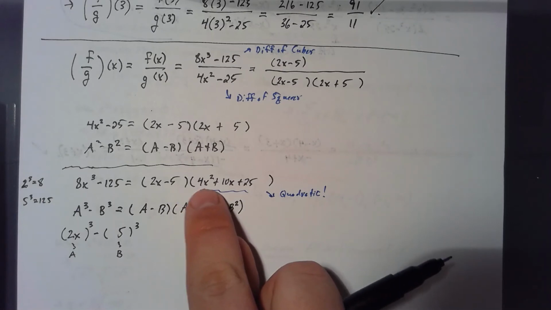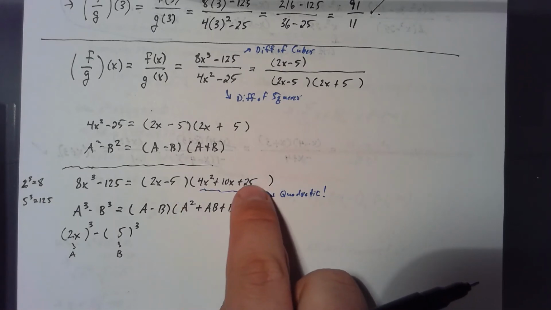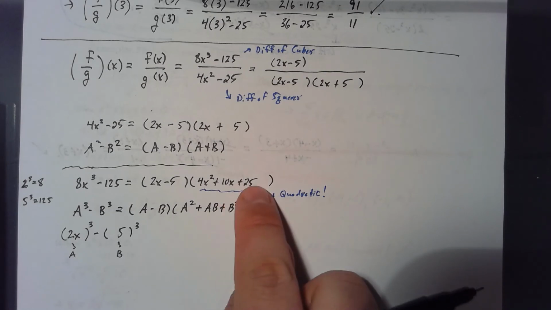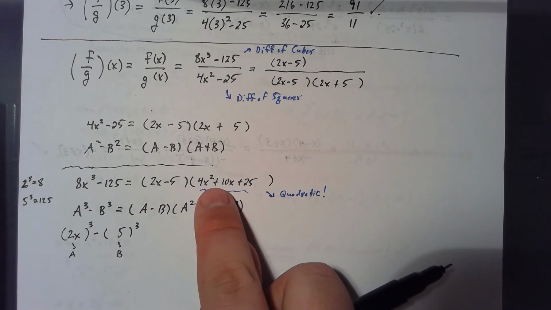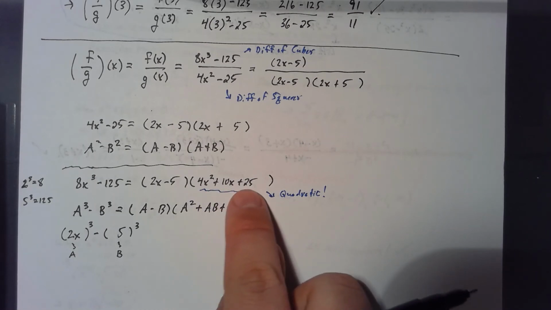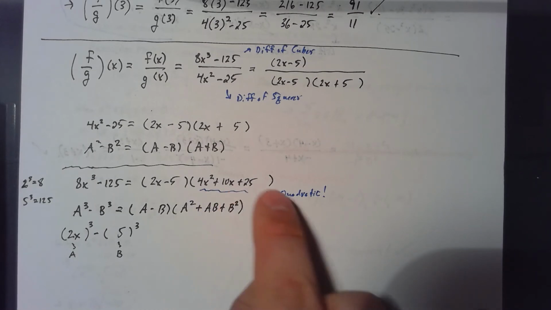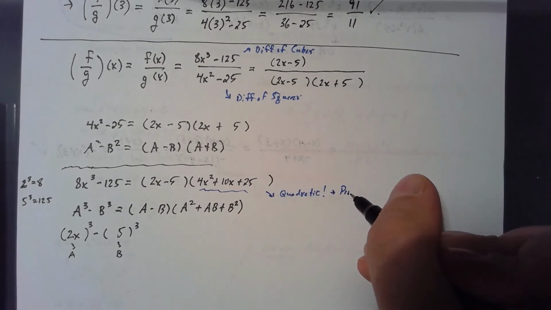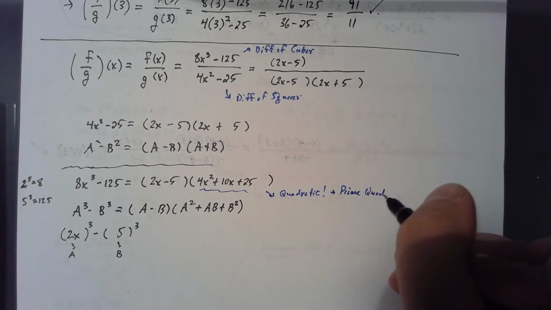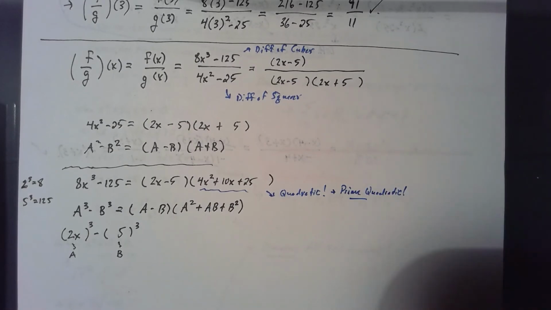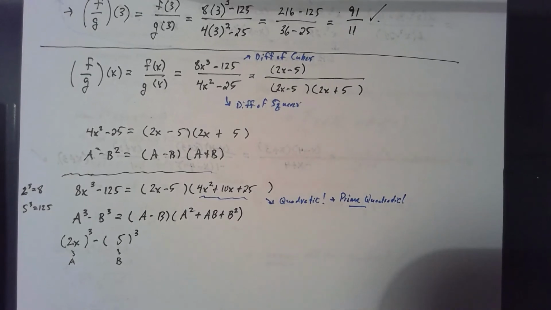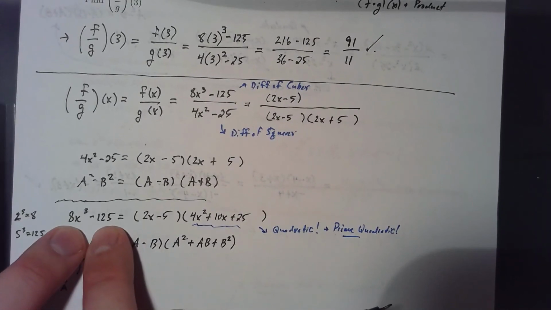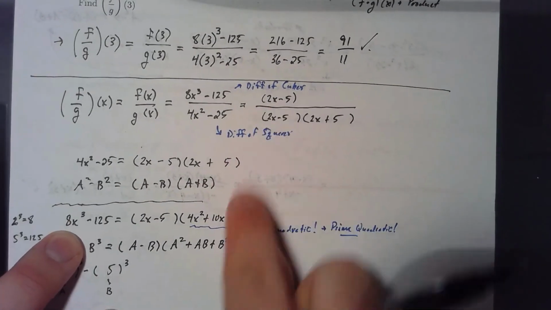The factors of 4 are 1 and 4, 2 and 2. 25 is going to be 1 and 25, 5 and 5. So you want to see which ones are going to give you 10. Well, as it turns out, this quadratic doesn't factor. It doesn't factor. So this is a prime quadratic. So in that sense, we're lucky. We don't have to factor again. So the whole factorization of this difference of cubes is this 2x minus 5 times this quadratic.